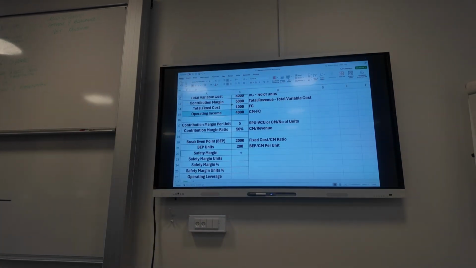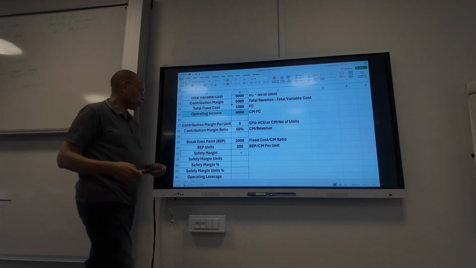All right, safety margin. Safety margin equals our plan minus the break even. Our plan, our budgeted, our estimated, whatever word you want to use, right?